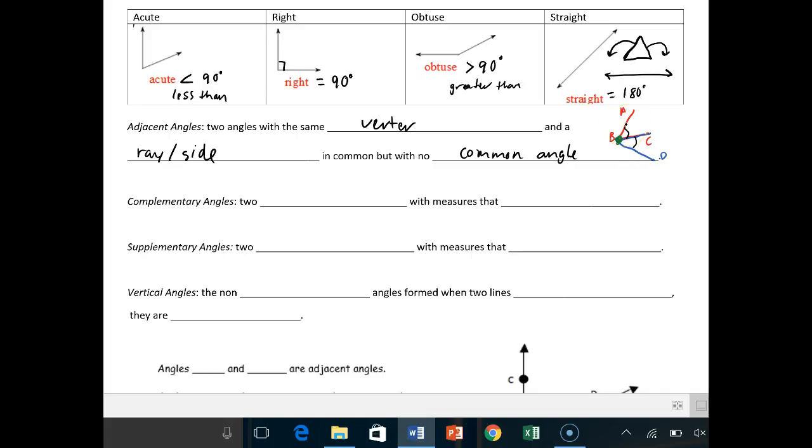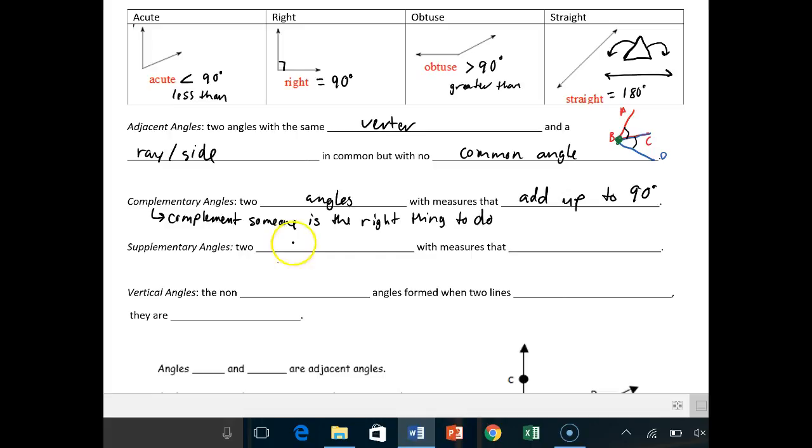Good. Complementary angles are two angles with measures that add up to 90 degrees. And you can kind of remember this in your head, because to compliment somebody or to give them praise is the right thing to do. And a right angle equals 90 degrees. So that should be the little device that you remember in your head, that complementary angles add up to 90 degrees.